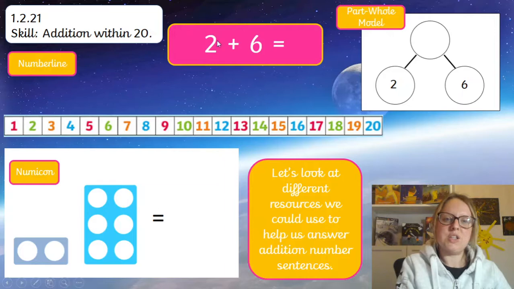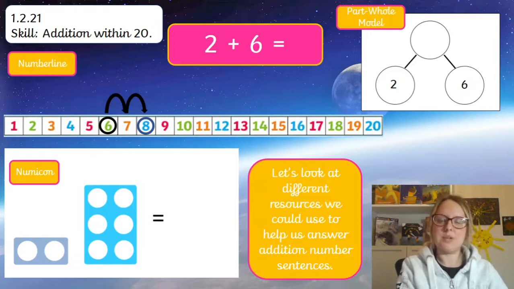So we wouldn't actually start with the number 2, we would start on the number 6. So we pick the greatest number out of our two numbers because then we have less jumps to make. So we're going to find our number 6. Now we need to add on our 2 because we have our 2 left. So we're going to do 2 jumps forward, and that's our answer. So now we know that 2 plus 6 equals 8, or 6 plus 2 equals 8. They both mean the same thing.